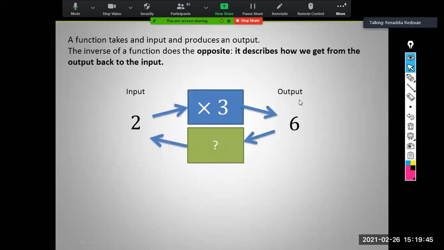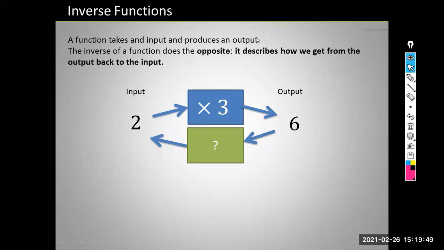Okay, class. Next one. We're going to go to inverse function. Inverse function is the opposite. When we are taking function f, usually we go from input to output, right? But for inverse, it will be from output to input. So it will be the reverse operation.